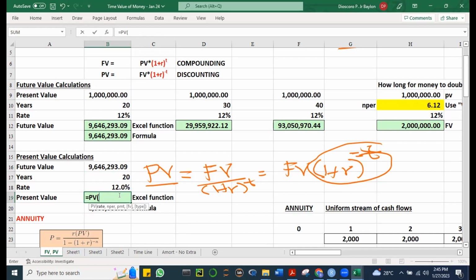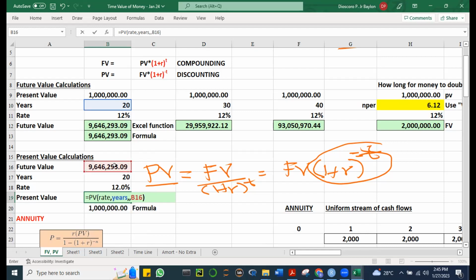And in Excel function, we use PV and rate. The rate, you can use the rate object, comma, NPER is years, right? Comma, it's not a PMT, it's not an annuity. The future value is this amount. The type you can ignore, because this is not an annuity.